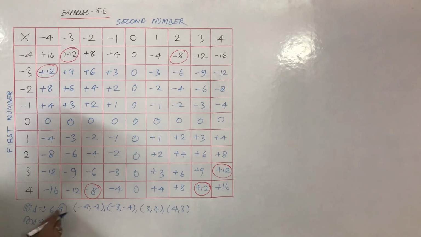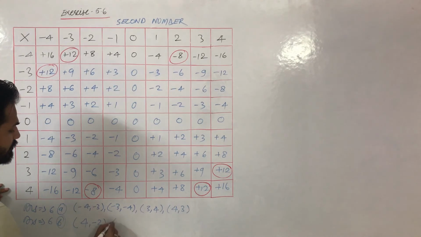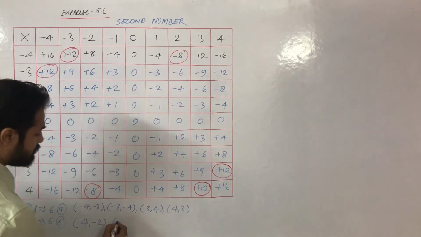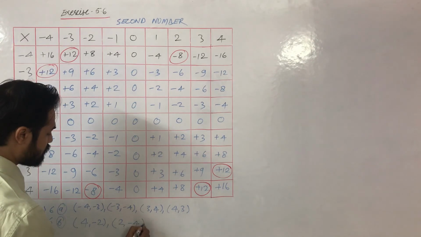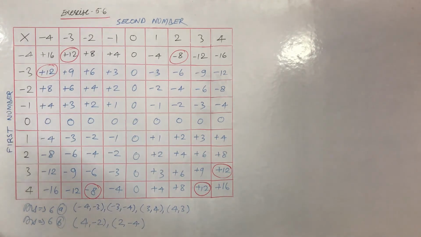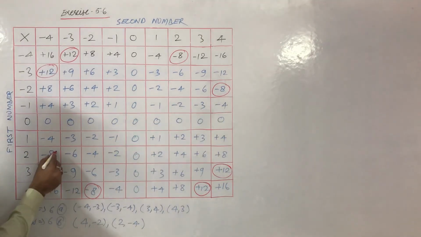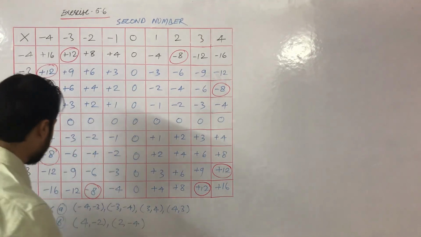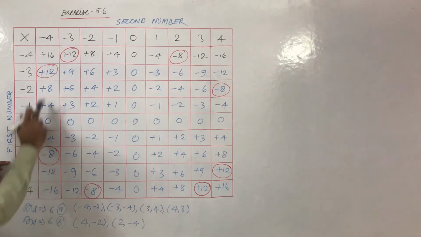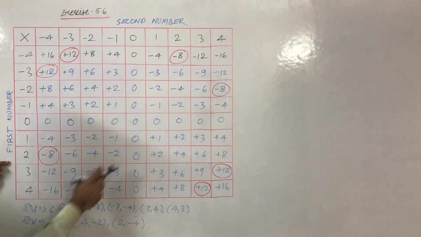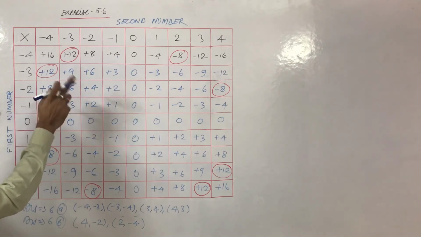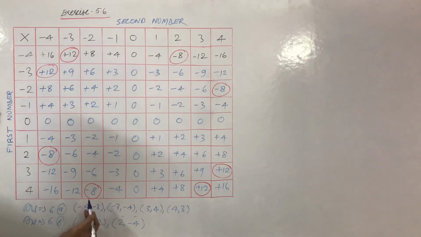Answer 6, part B: 4 and minus 2, and 2 and minus 4. Here we have two more boxes for which the value is minus 8, but ultimately the values are plus 2 and minus 4, and for that box minus 2 and plus 4. So these are two pairs.